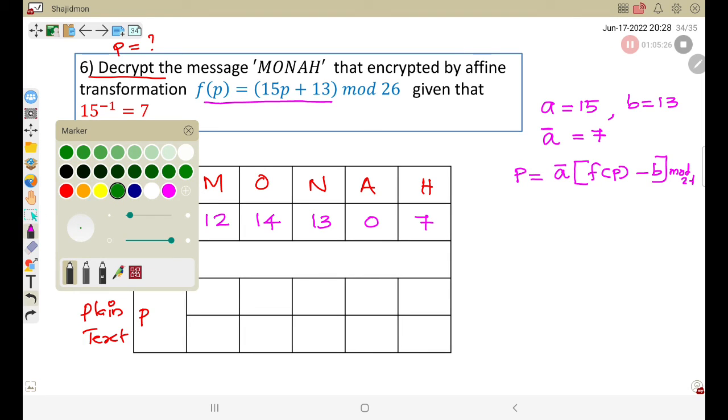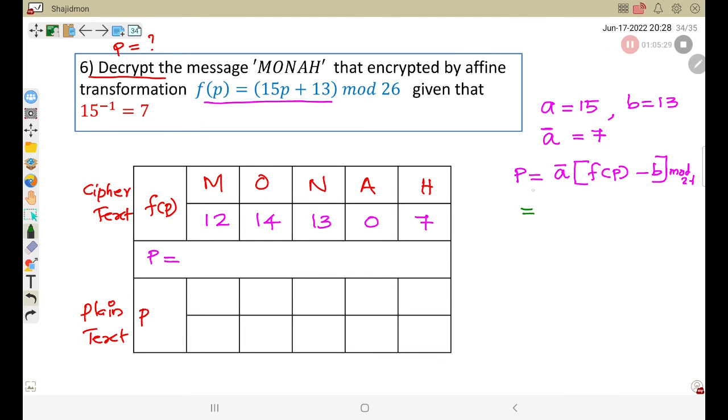So we will write that rule equals A inverse, what is A bar? 7, 15 inverse 7, F of P means the ciphertext number, minus B means 13, mod 26. I hope you understood. That rule we need to write here, okay? So very careful, 7 multiply F of P minus 13 mod 26, okay?